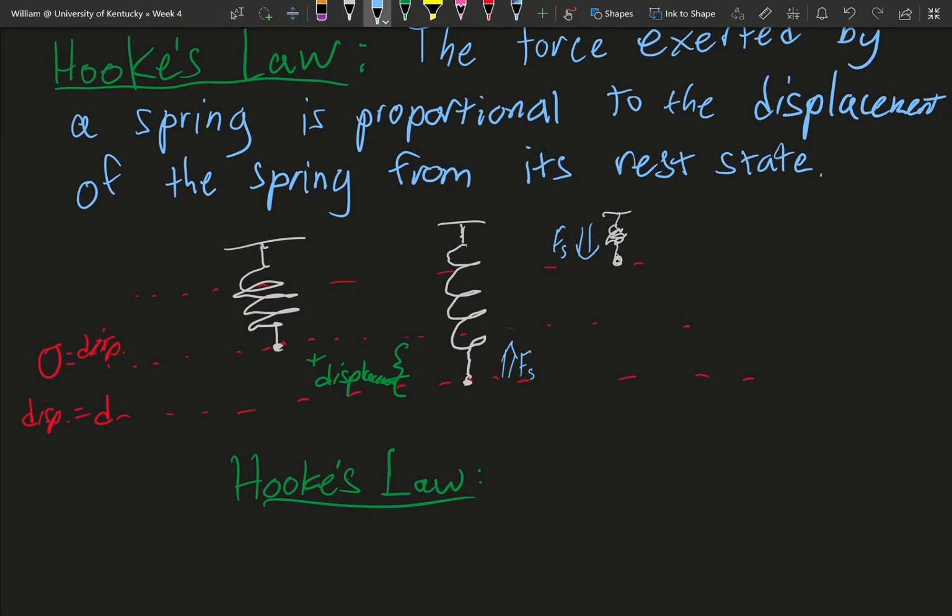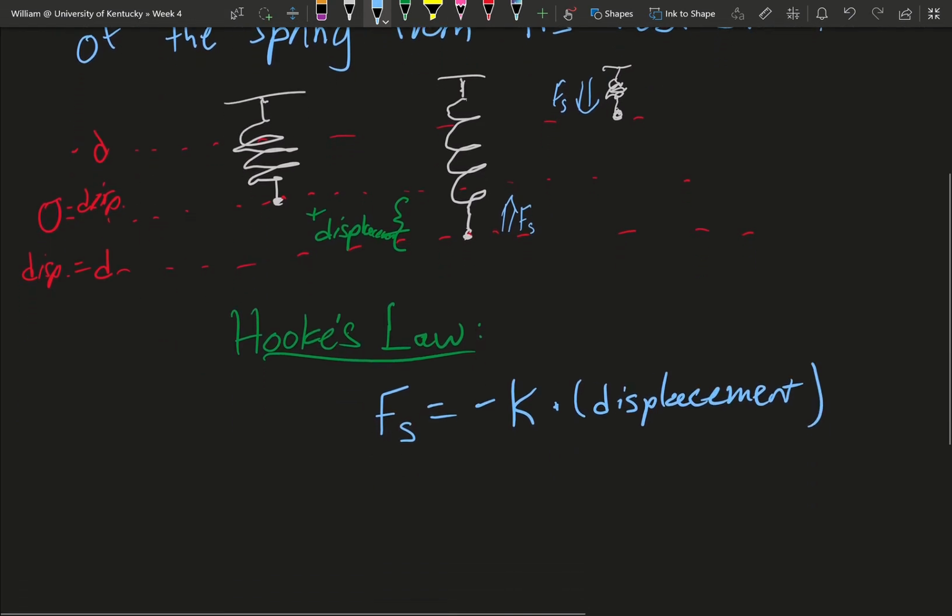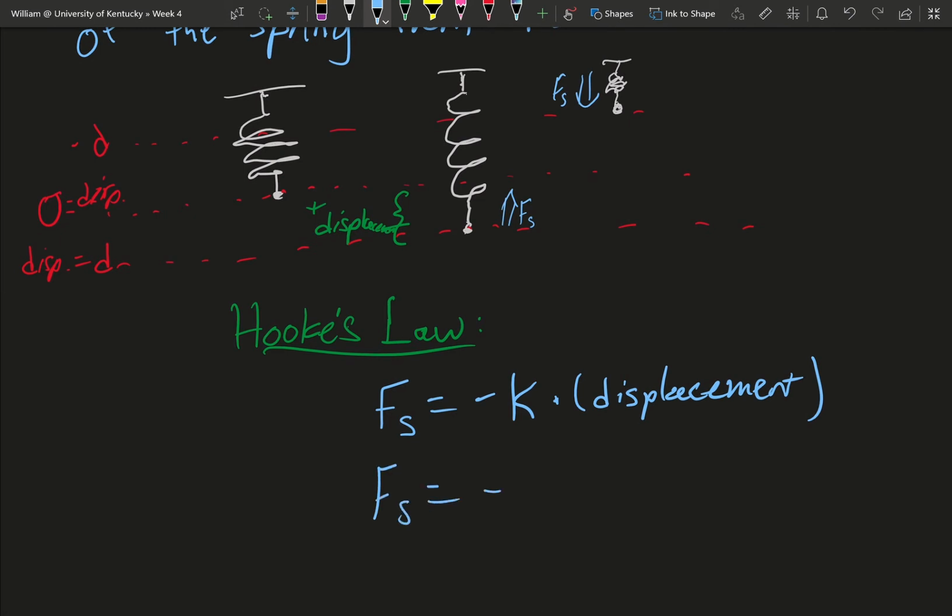And so what Hooke's law says is that F_s, and if this is negative displacement, we'll say negative d up there, there's some constant k that depends on the spring, and the force is going to be negative k times d, where d is our displacement.